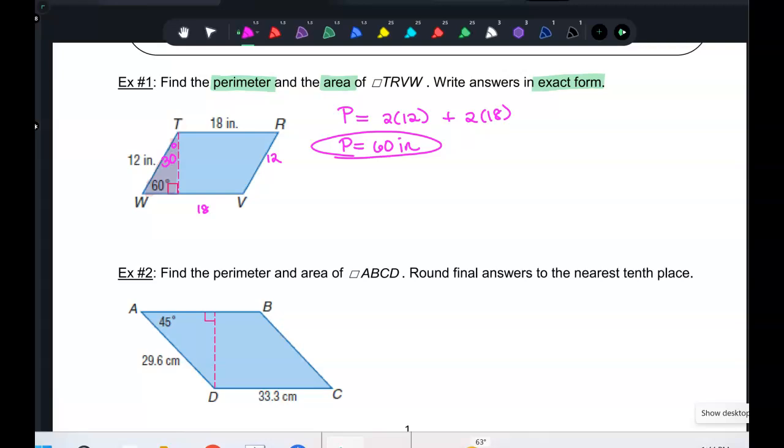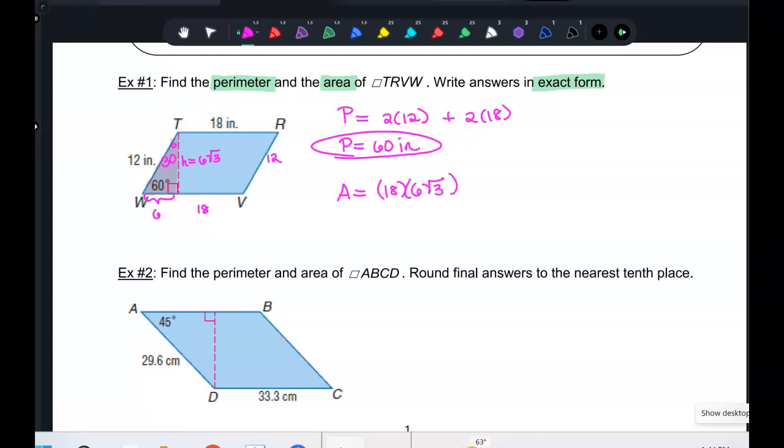I think it's 6. Okay. Yes, this is 6. So our height would be 6 root 3. So for area, I'm going to take the base of the whole thing, which is 18, and multiply that by 6 root 3.